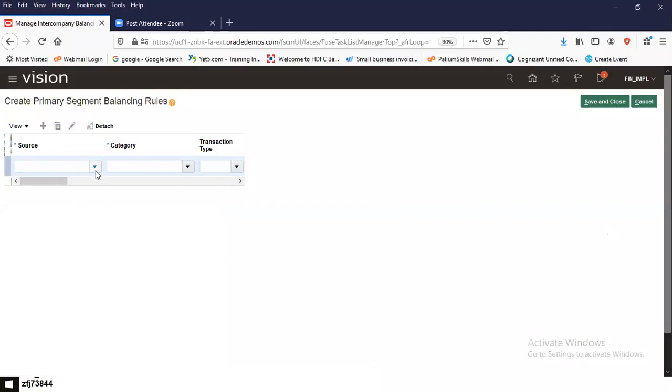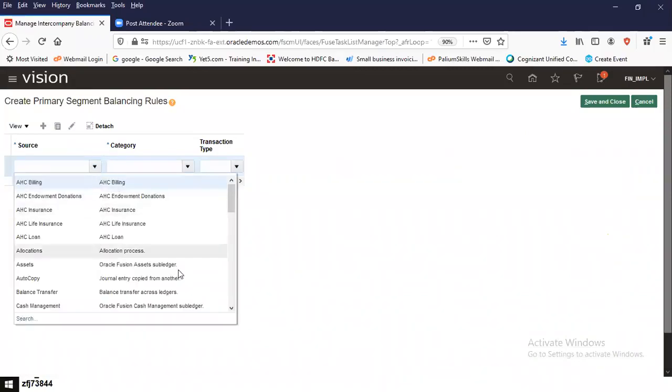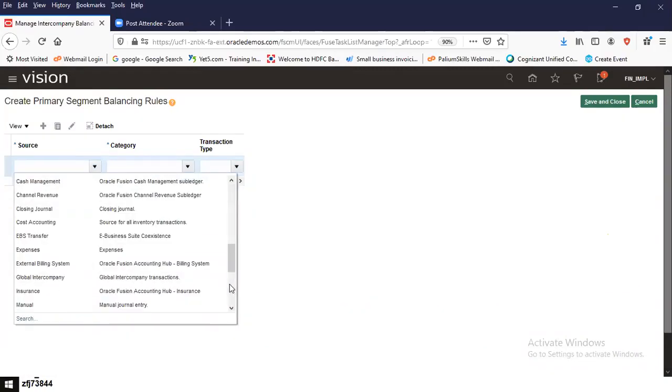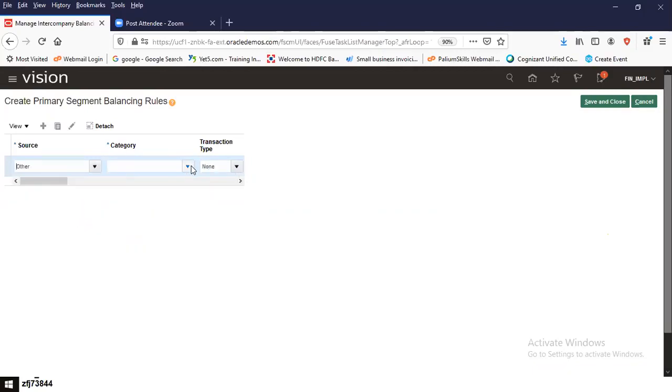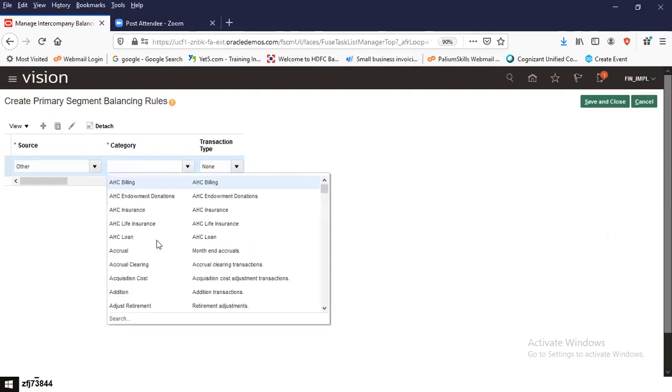So the source is again others. Okay. Then we have the category of others.